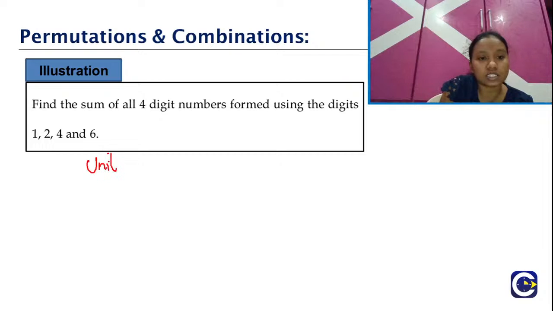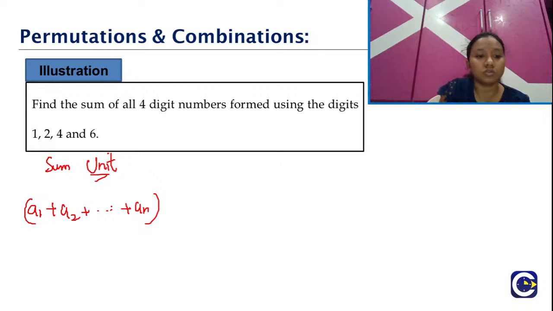For unit digit sum, it will be a1 plus a2 plus and so on an into n minus 1 factorial.